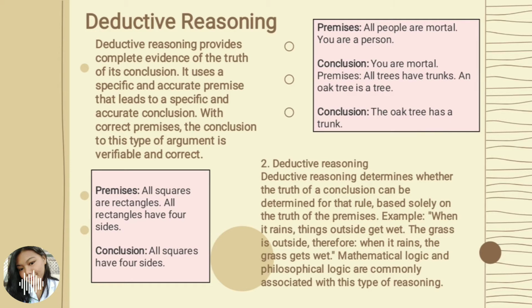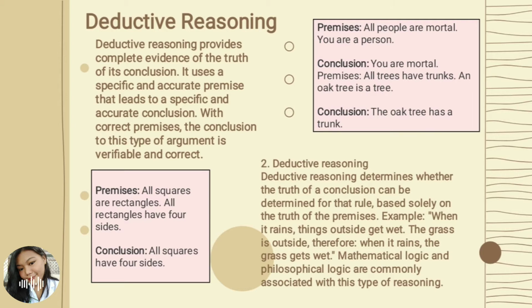So another example: when it rains, things outside get wet. The grass is outside. Therefore, when it rains, the grass gets wet. So as you observe, it is literally true that when it rains, the grass gets wet.